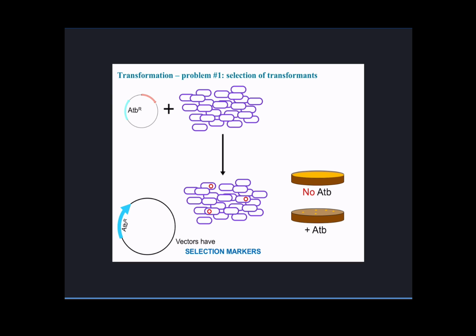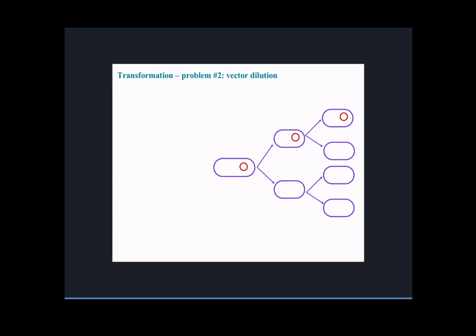And the last problem that we needed to sort of solve with these vectors is the following. When a bacterium picks up a plasmid and it divides, only one of the daughters will inherit that plasmid. If those bacteria divide again, after 2 generations, you're going to have only 1/4 of the bacteria carrying that plasmid.